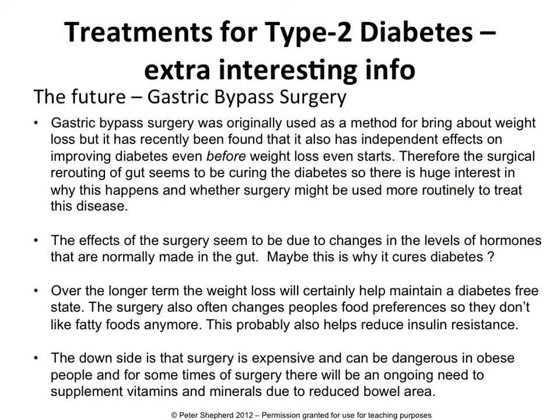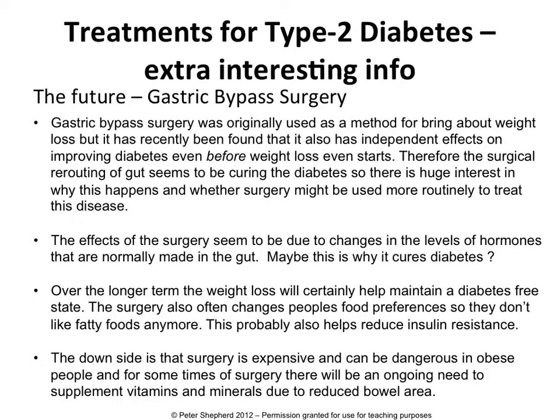You definitely don't need to know this information, but it's a little bit of extra stuff that you might find interesting. I'll let you read through this, but basically they've been finding recently that gastric bypass surgery, so this is surgery where they remove part of the stomach or all of the stomach, and people often undergo this as a radical way of losing weight, but they've actually found that as well as causing weight loss, this can actually be used to treat diabetes as well.